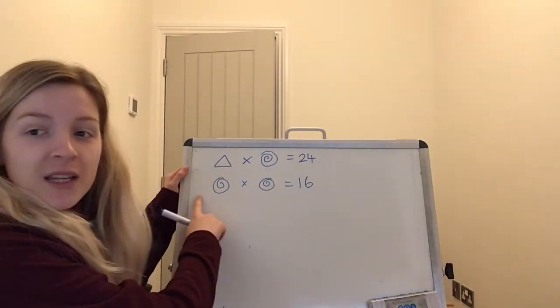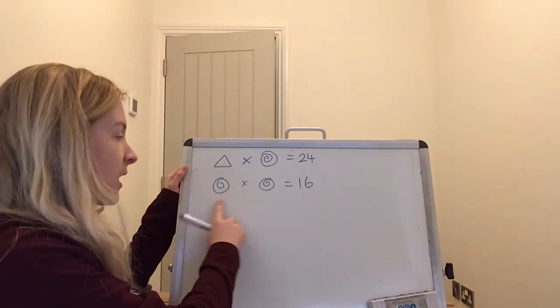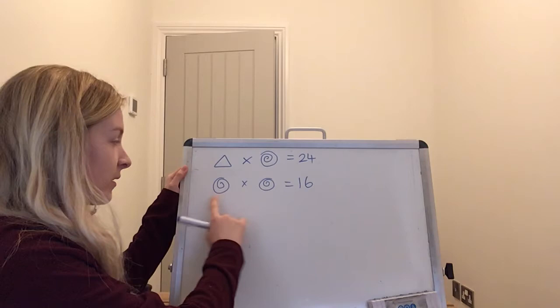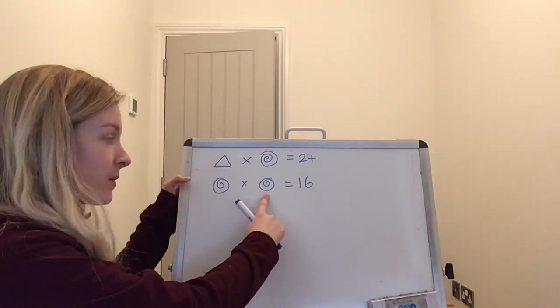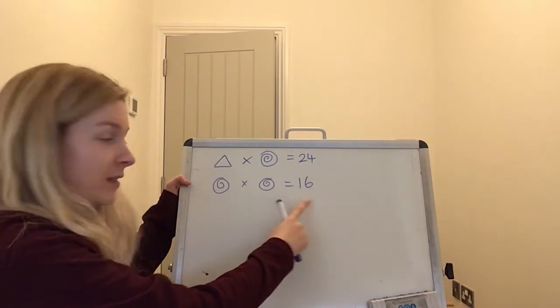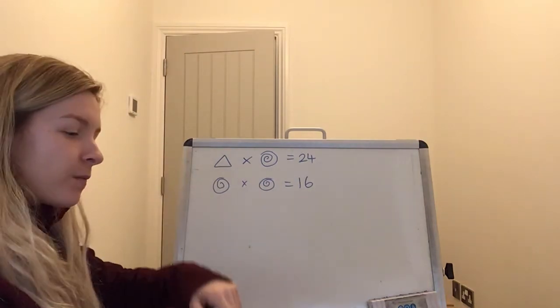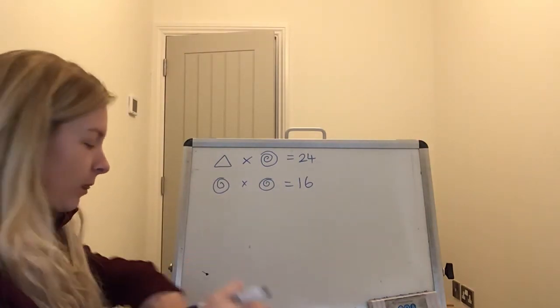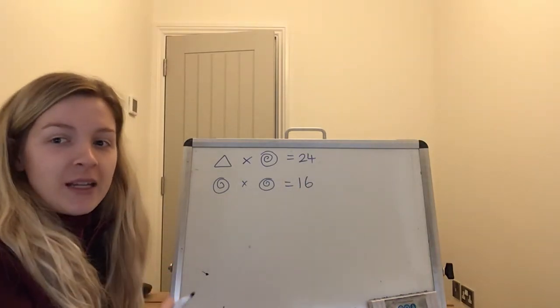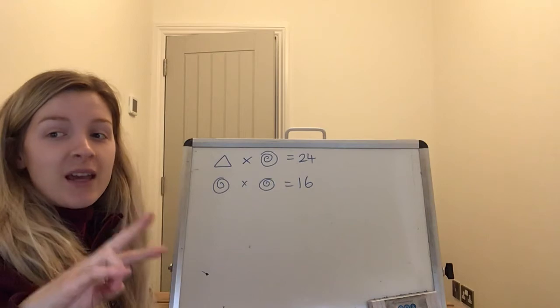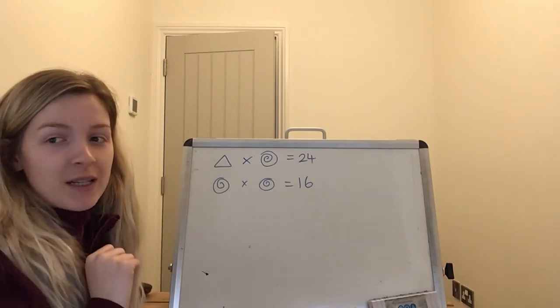The reason I've said start with this one is because these two are the same. Something times the same thing is 16. So, thinking about 16, do you know any 2 numbers that are the same that times together to make 16?